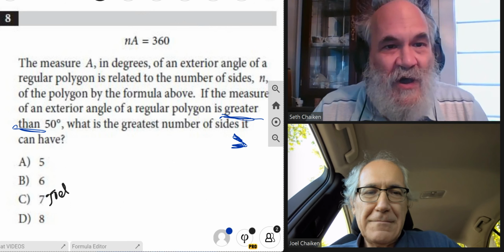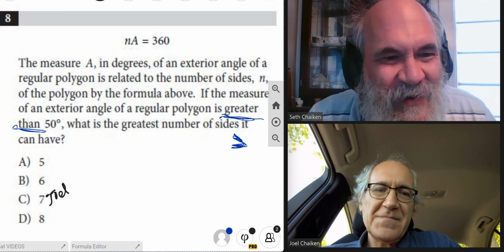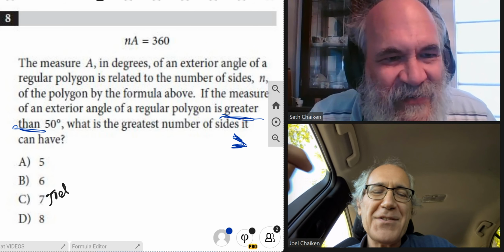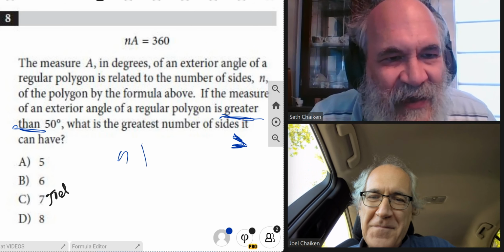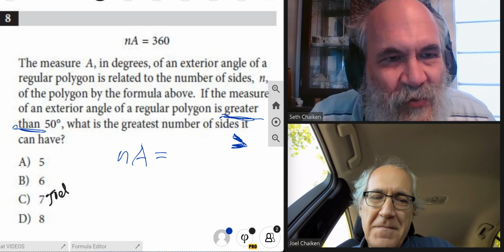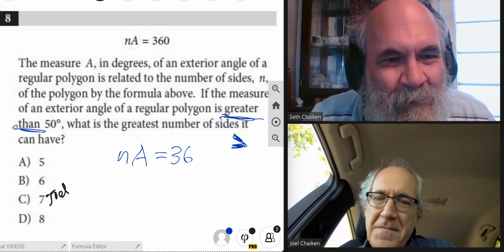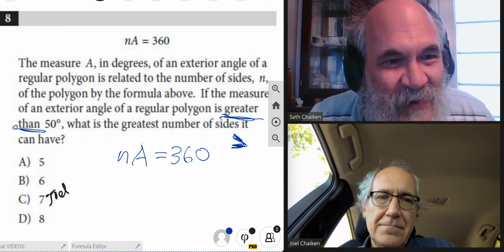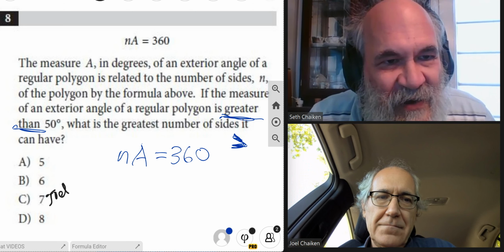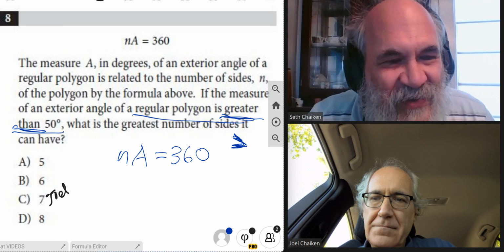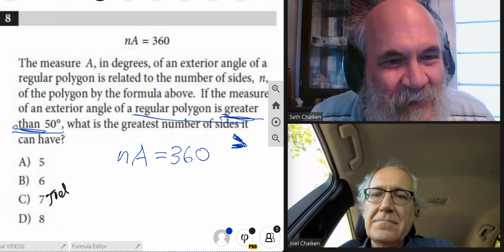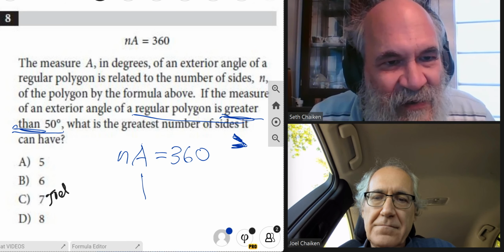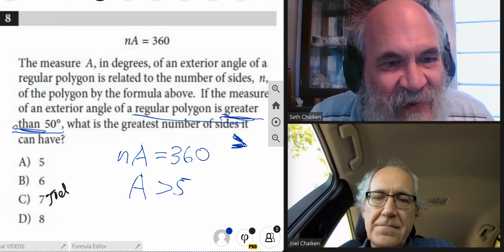So what are the facts? Only the facts. N times A equals 360. The other fact is given here. Translate that fact into math: A is greater than 50.